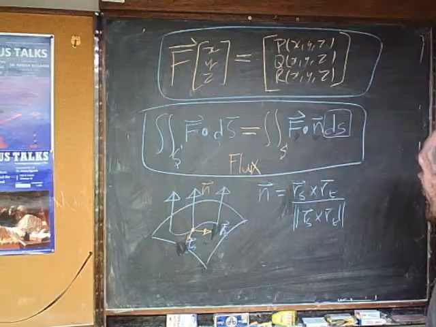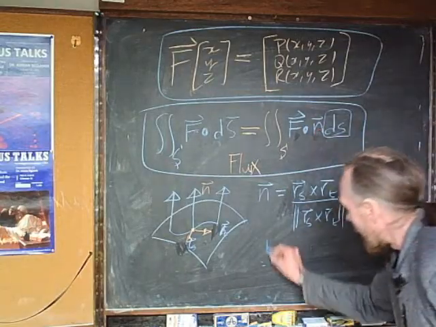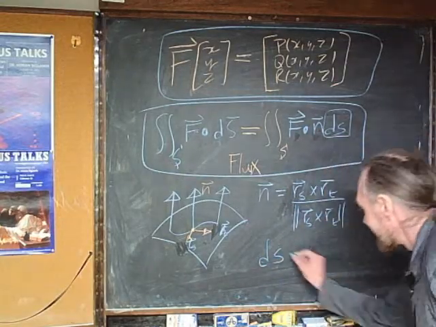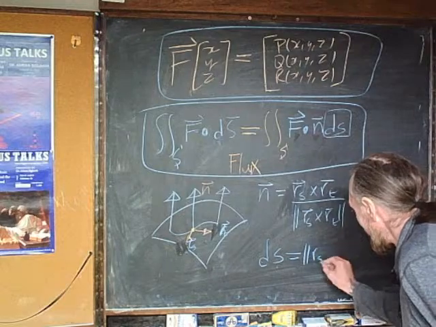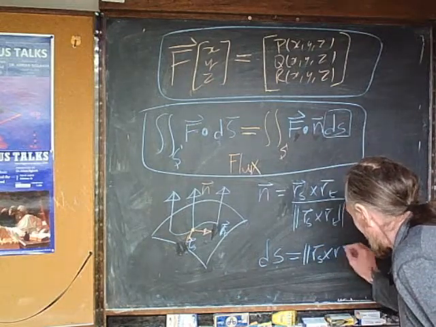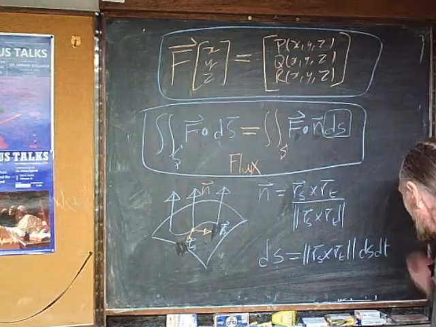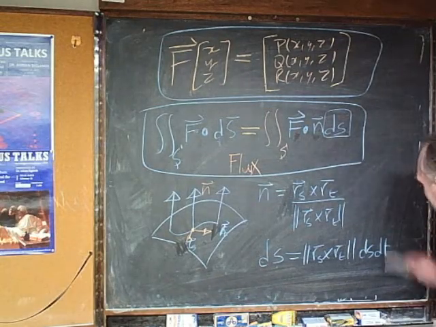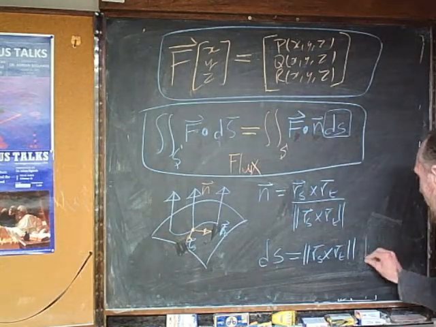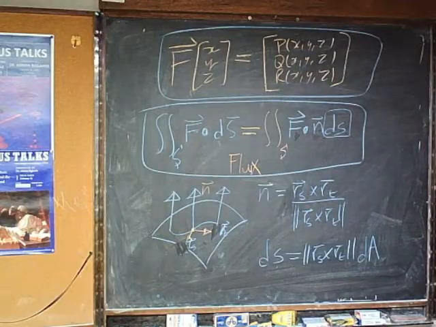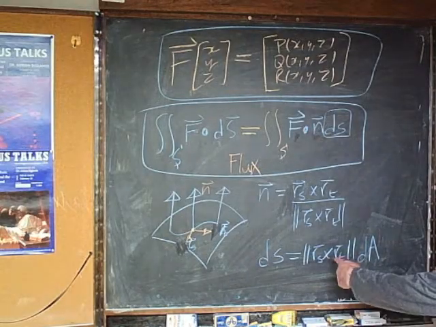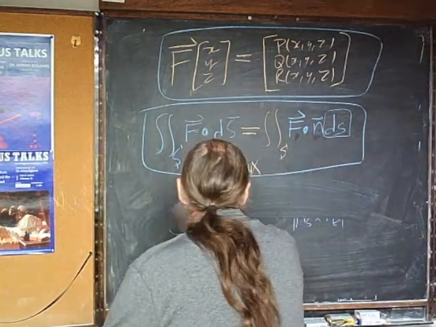Now, what we want to do is put that there, and we already know that I derived dS. dS is cleverly the magnitude of r_s cross r_t times ds dt, or dA. And so we can put that all together and it cancels out nicely.